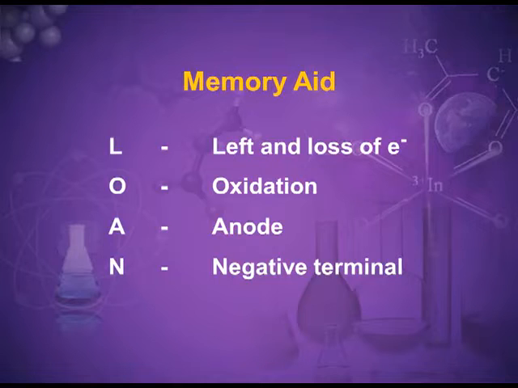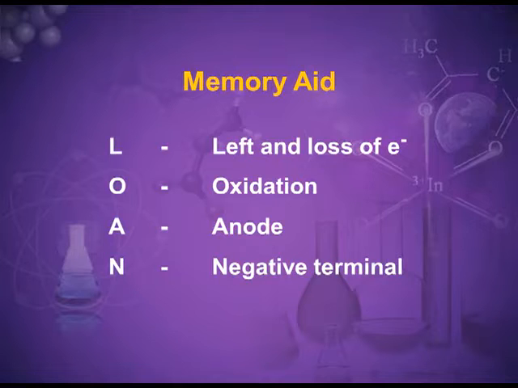Let me give you a memory aid, to remember which side is anode, which is the negative terminal, or which is cathode, or a positive terminal. Dear students, just remember one word, LOAN. L-O-A-N. L means the left and the loss of electrons. O means oxidation.